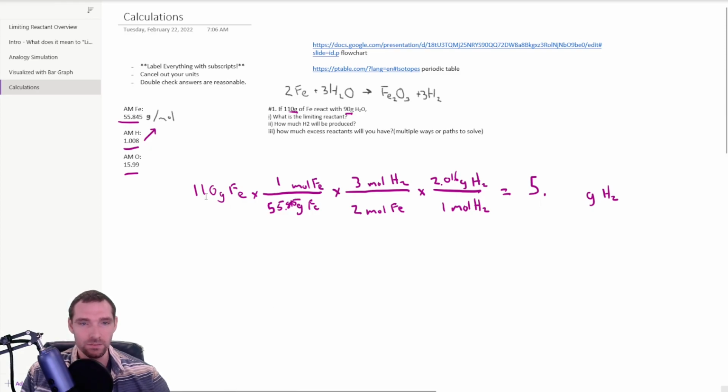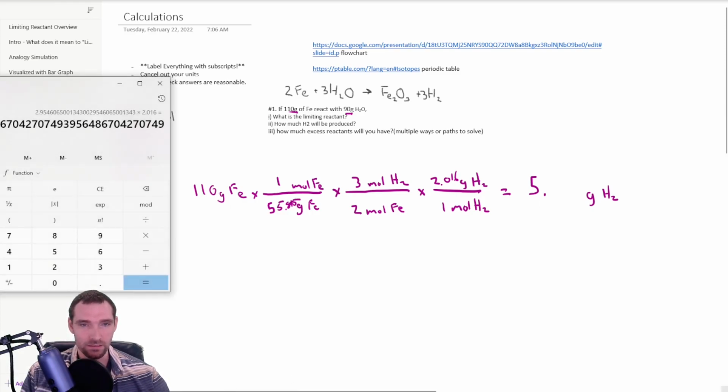And so I get a final mass of 5.95. So we had 3 sig figs originally. Actually, did we only have 2? This is only 2. And that's actually only 1 sig fig. Oh man. Okay. Well, let's say that we only have 2 sig figs and 1 sig fig for these calculations. So we've got 5.95.